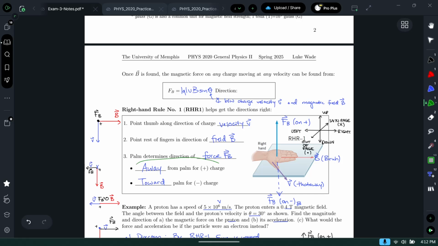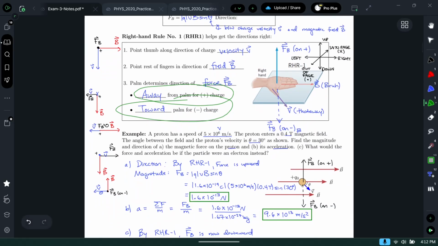That force will be away from your palm if it's a positive charge and towards your palm if it's a negative. So when we look at these examples, it will be good to approach every problem as if it's a positive charge. And then if the question happens to be about a negative charge, just take the answer you got and flip it. So this is probably a good spot to show some examples of this.